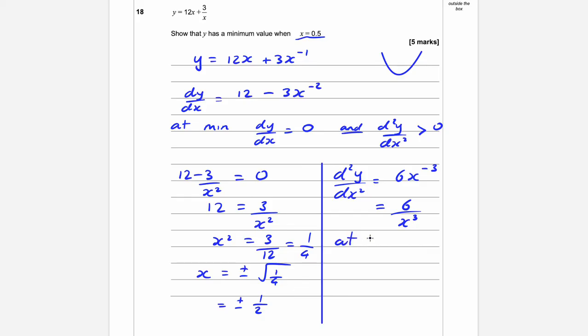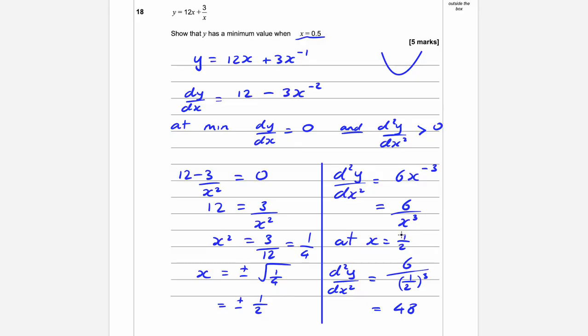At x equals a half, the second derivative, d2y/dx squared, equals 6 divided by a half cubed. Now guys, you can do that on your calculator if you want, but that's actually 6 divided by an eighth. A half times a half times a half is an eighth. 6 divided by an eighth is actually equal to 6 times 8, which is 48.